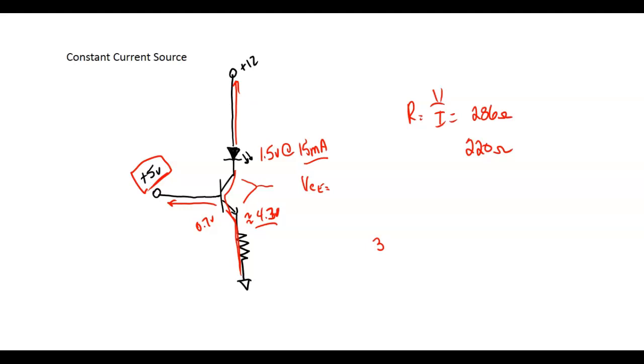I've got 1.5 on my diode. So how much is the transistor going to drop? 6.2, probably about 6.6 volts. Yeah, well, let's recalculate this too. So 4.3, which would be about right. Okay, so this is the circuit. So what would happen if I come in here and put another LED right there?